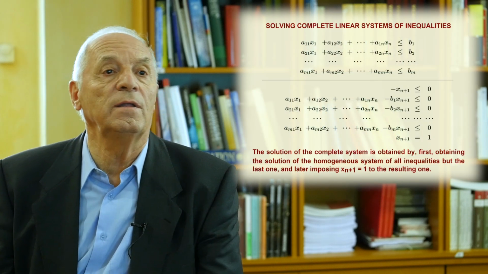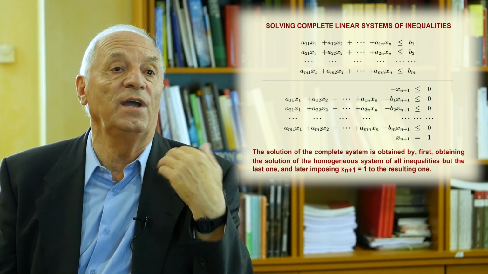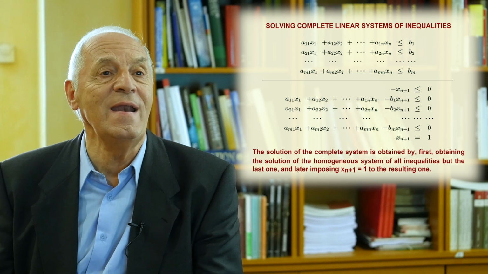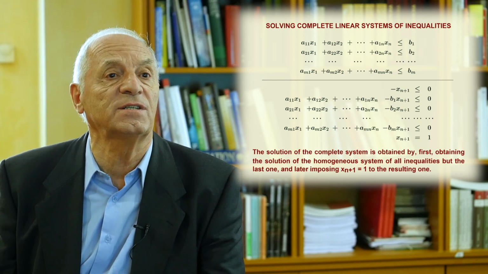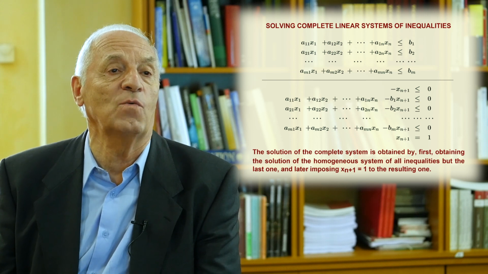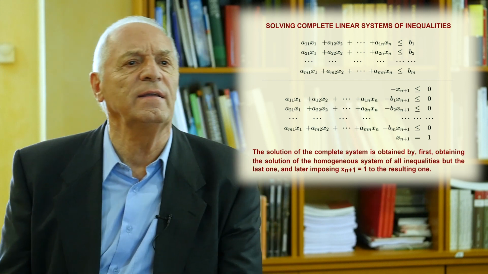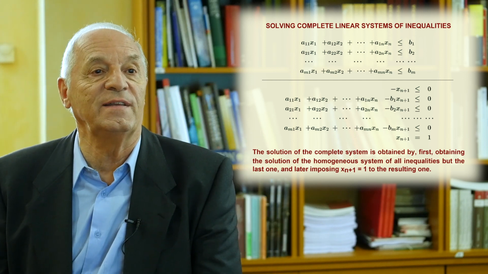What happens if we have a linear system of inequalities? Then not all the coefficients are 0, and then you create a new unknown, x_{n+1}. You multiply the right-hand side terms by x_{n+1}. You move them to the left-hand side, as indicated, and then you get a homogeneous system of inequalities.